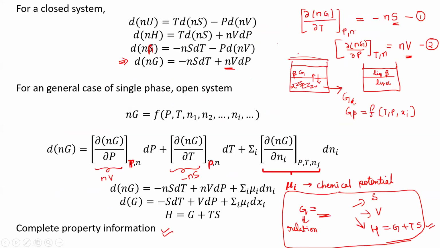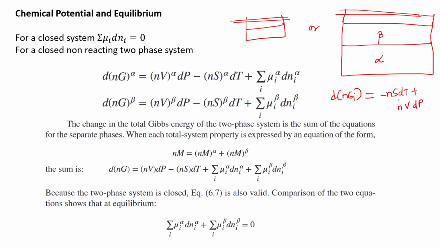And also the equation dnG equal to minus nS dT plus nV dP plus sigma mu i dni is followed. Both are followed. It implies that the sigma of mu i dni is 0 for a closed system. I'm talking about the whole system. Even if it's a single phase, that is followed. That's why we have removed that term, and only this expression is used for the single phase system.